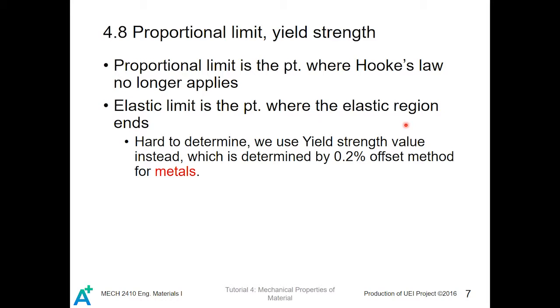Proportional limit is the point where Hooke's law no longer applies, or the end of the linear region. Elastic limit is where the elastic region ends, which is quite hard to determine. And we often use the yield strength value instead, which is determined by the 0.2% offset method for metals.